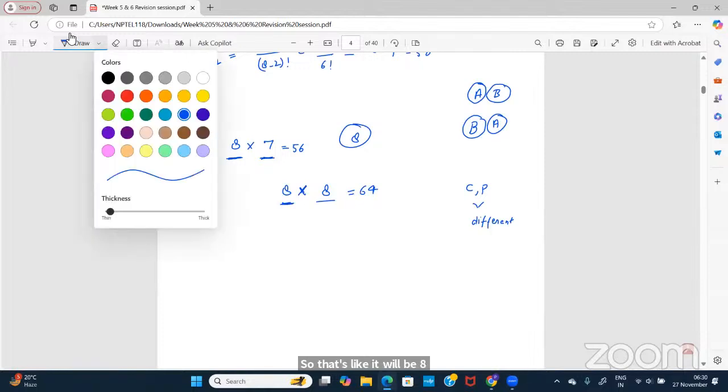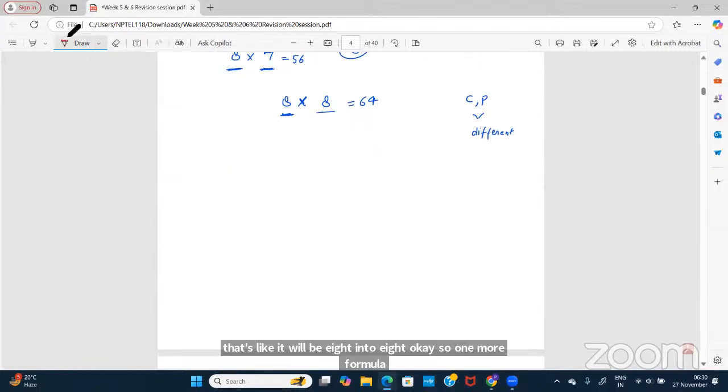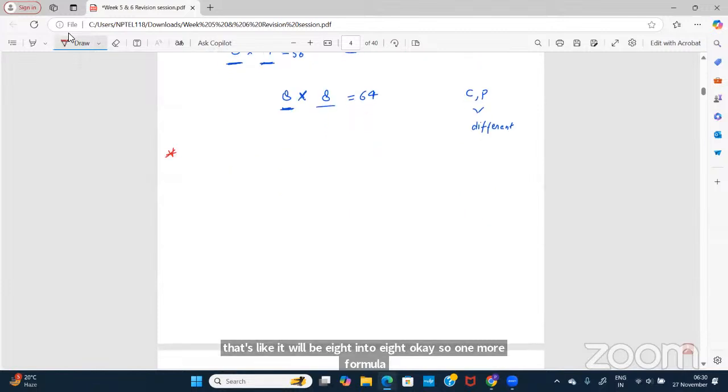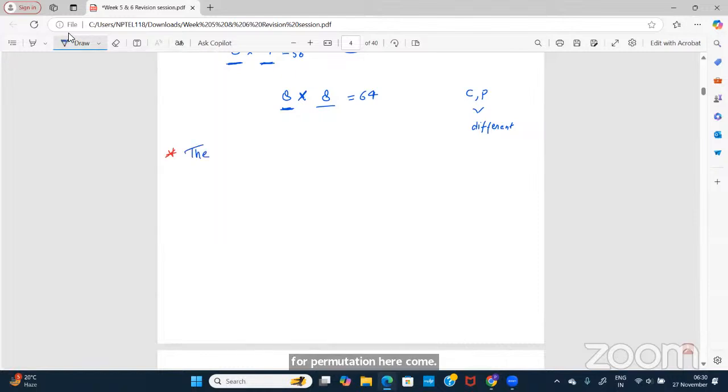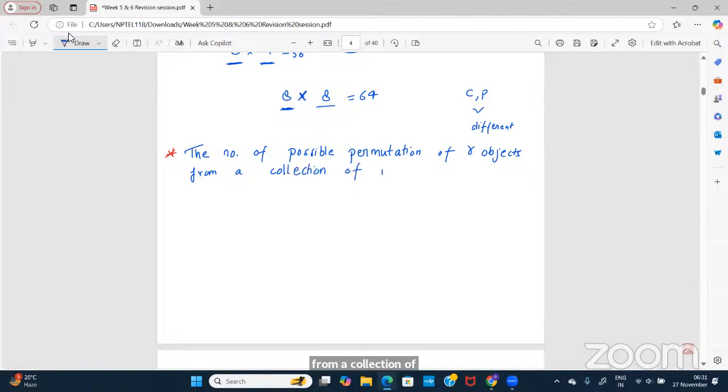Okay, so one more formula for permutation comes here: the number of possible permutations of r objects from a collection of n distinct objects when repetition is allowed.